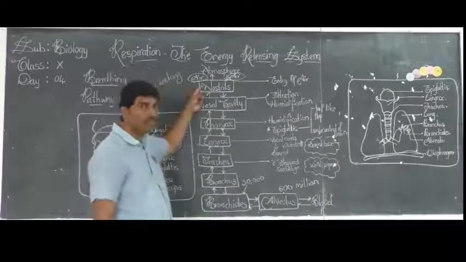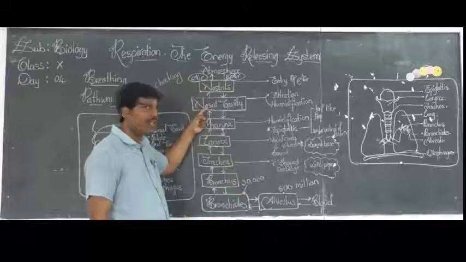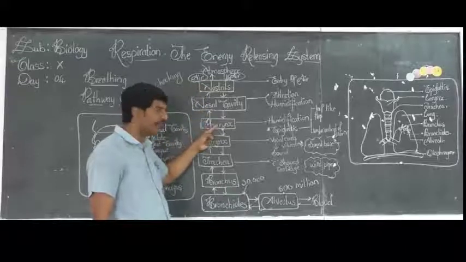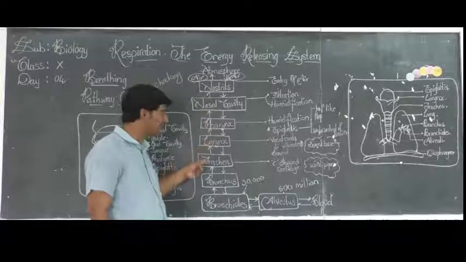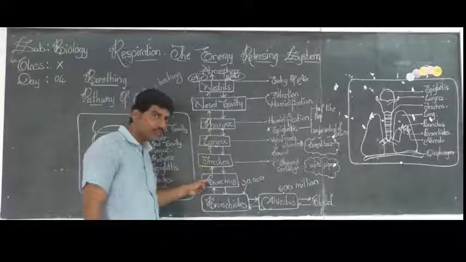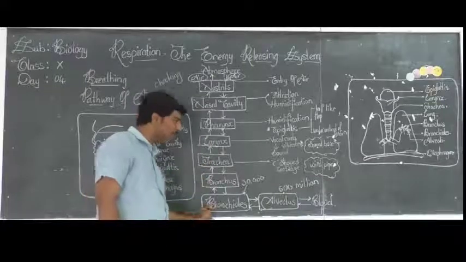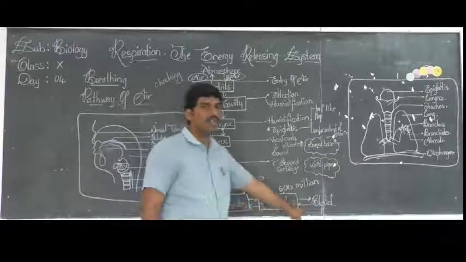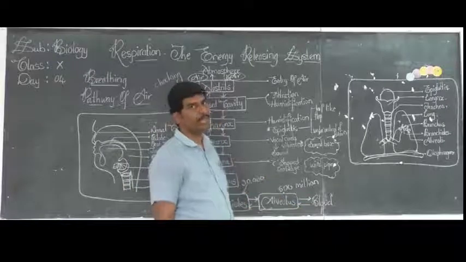Now, the air from the nostrils enters the nasal cavity, from there into the pharynx, then into the larynx, then into the trachea, then into the bronchus, then into the bronchioles, then into the alveoli. Finally, it reaches the blood.